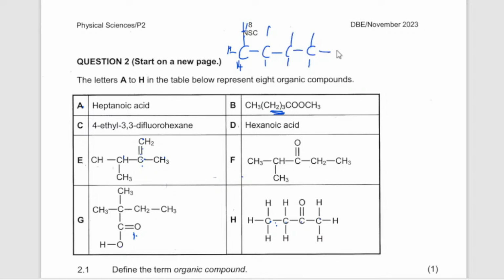Now I put C, 1, 2, 3, O there, and then O, and then hydrogen. You put the hydrogens completely. It's an ester, so it doesn't end with that. So that's the structural formula they are talking about for compound B.